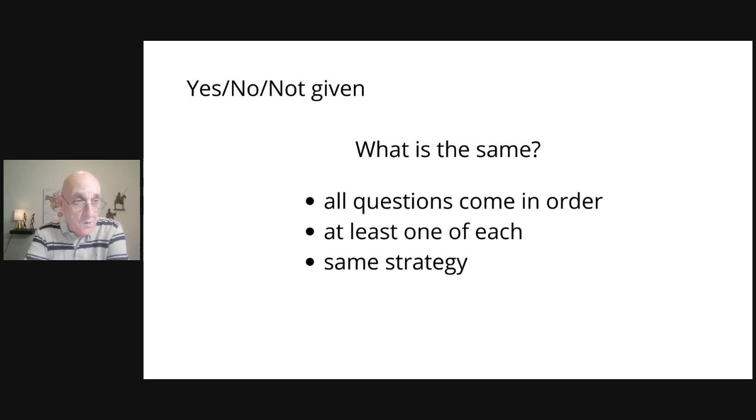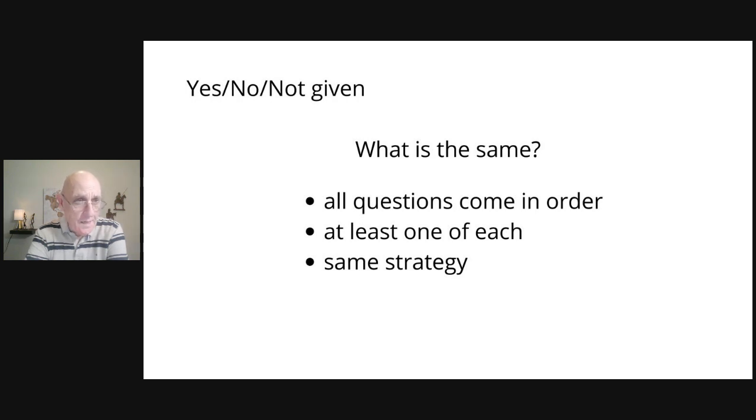So you'll have at least one yes, at least one no, and at least one not given. So if you've come to the end of your set of questions and you've answered some yes and some no, but you haven't answered any not given, there's a really good chance that the answer to the remaining question will be not given.